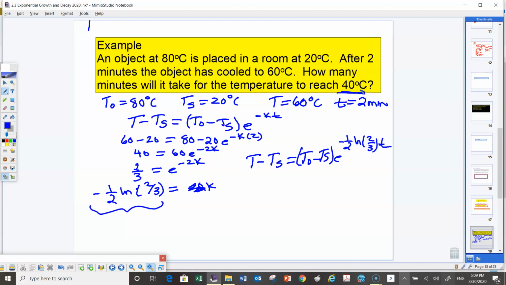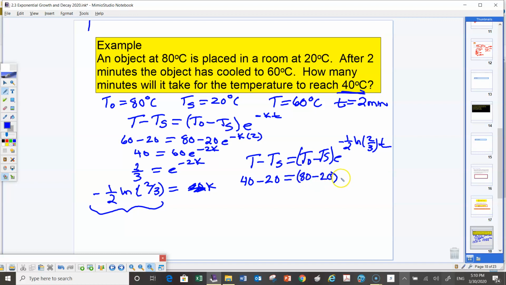Okay, so again, we'll start with the temperature that we want to end up with. We want to get to 40 minus the temperature of the surroundings, and the temperature of the surroundings was 20, is equal to the original temperature minus the temperature of the surroundings.